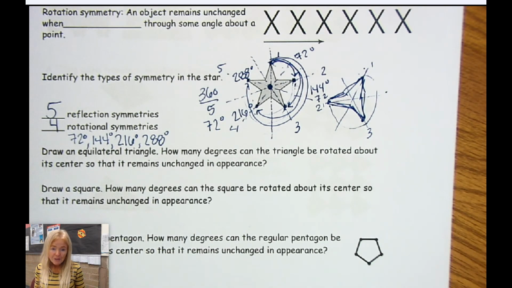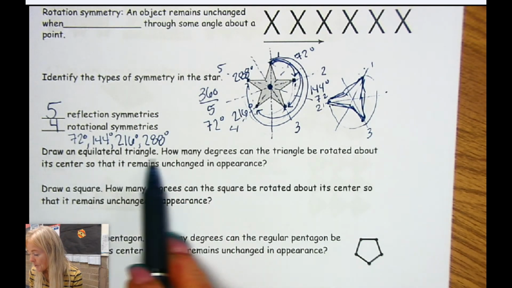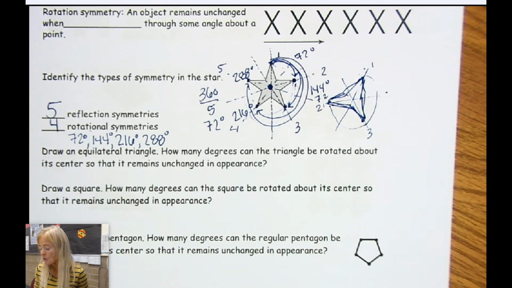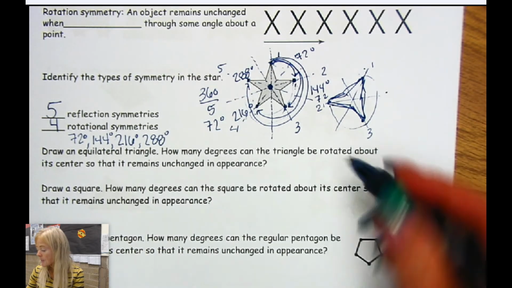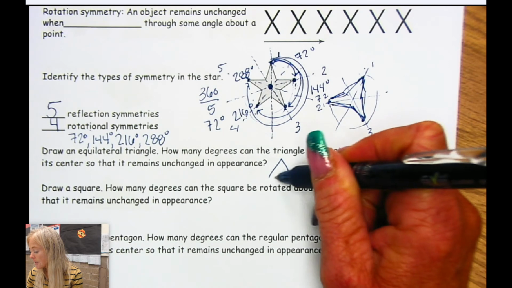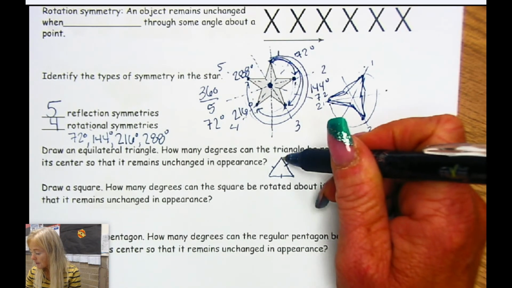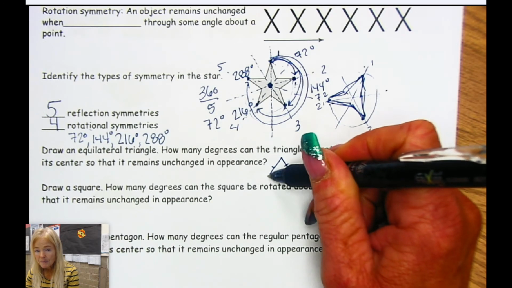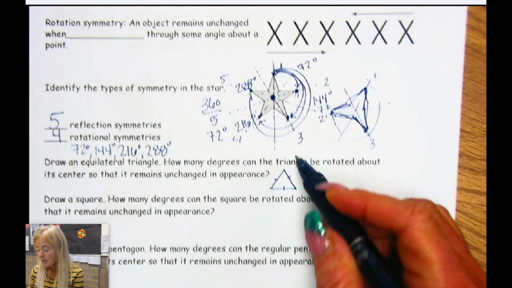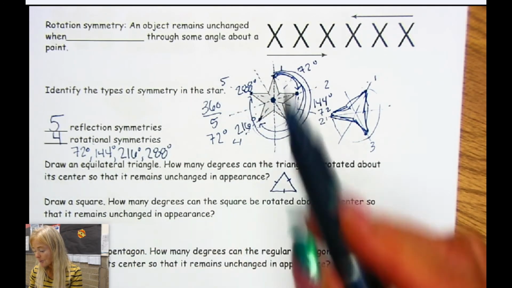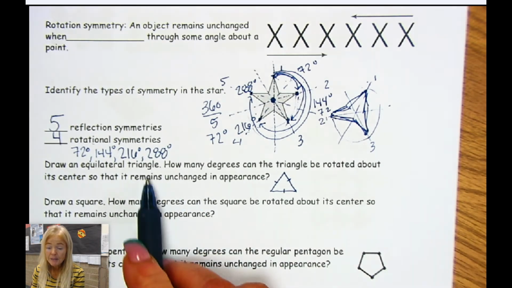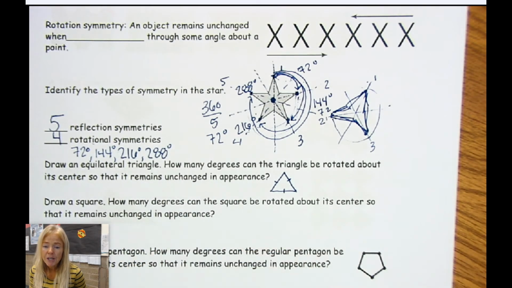Now, you're going to get a few little questions on your homework with that. Draw an equilateral triangle, and how many degrees can the triangle be rotated about its center so that it remains unchanged in appearance? An equilateral triangle means that all three sides are the same and all three angles are the same. And there are 3 points. So there would be 3 of the reflection symmetries, but it's asking specifically what the rotational degrees are.